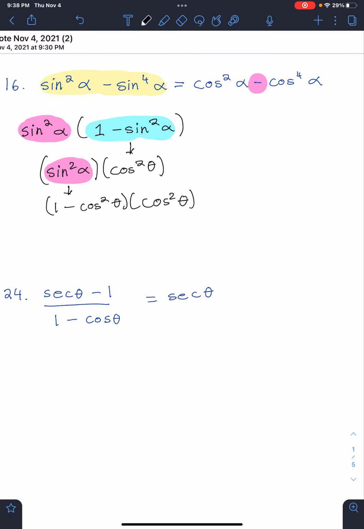So now that we have this, we can just take cosine squared and multiply it to each part. If I do 1 times cosine squared, that's cosine squared. And if I do cosine squared times cosine squared, that's cosine to the 4th.